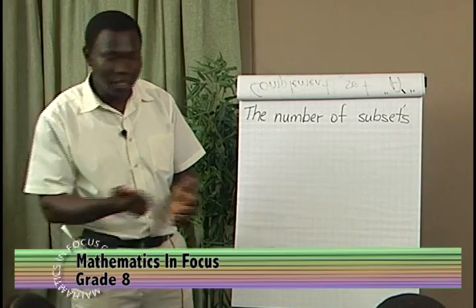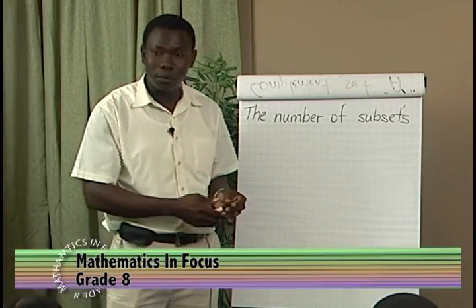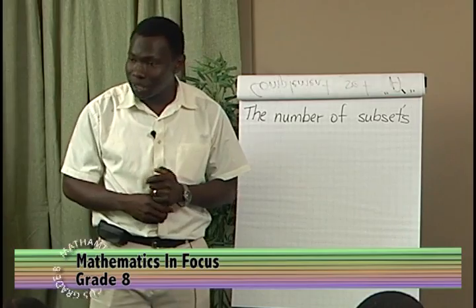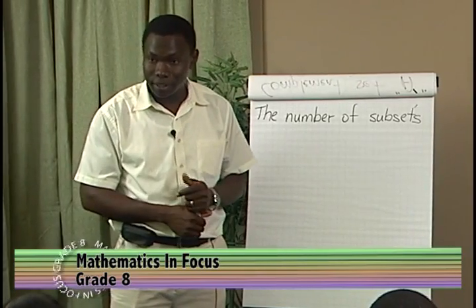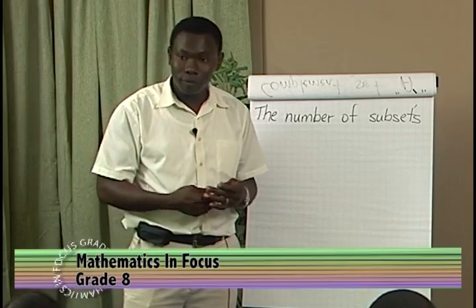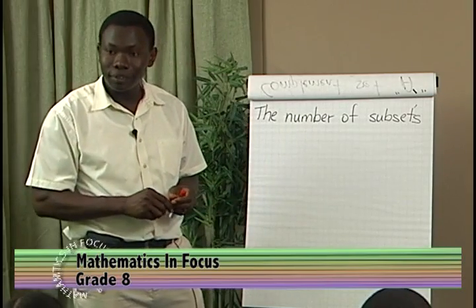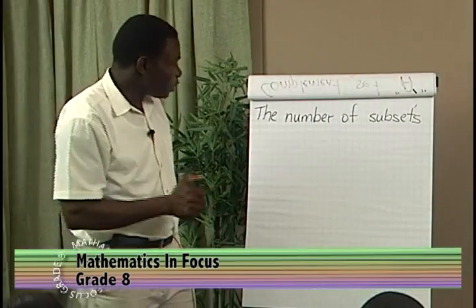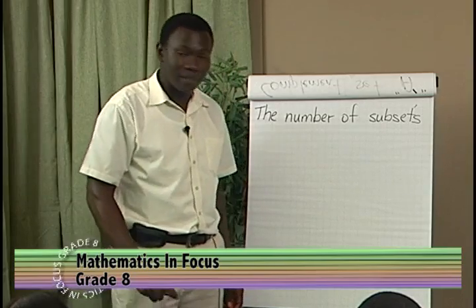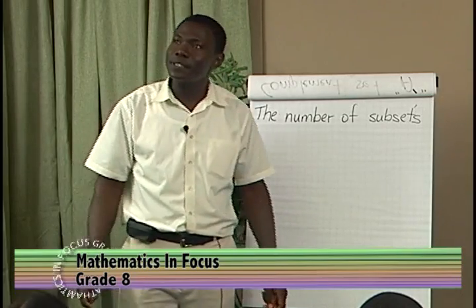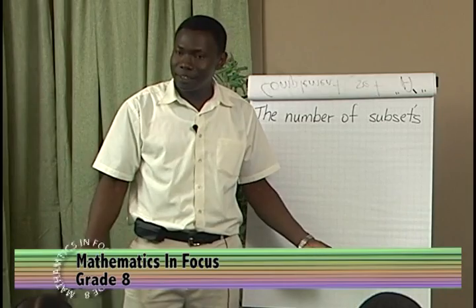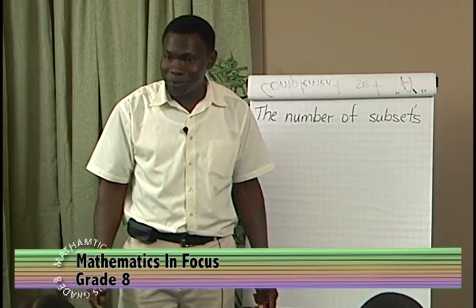So if you're given any particular set, how do you know how many subsets you could get out of this particular set? Sometimes it depends on the amount of elements that make up the set. Imagine if a set has 100 elements.